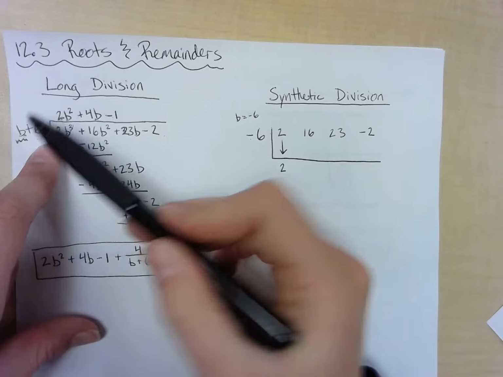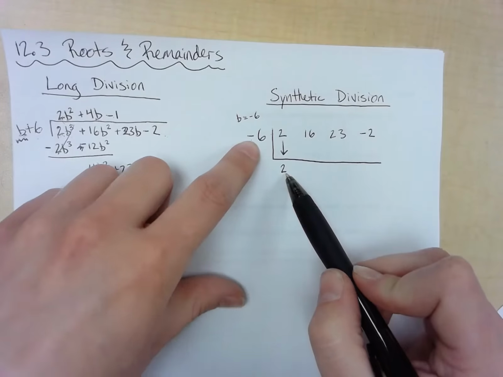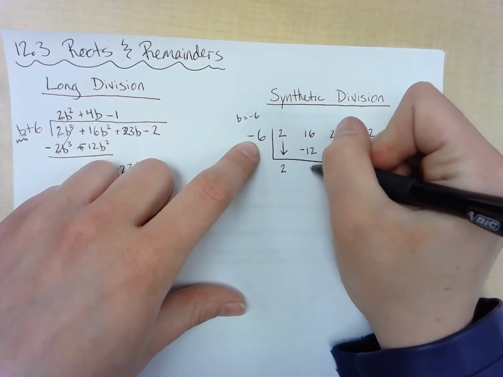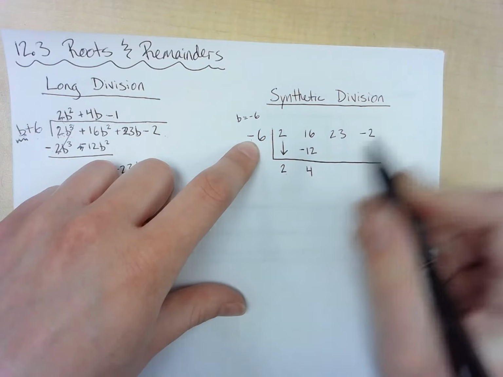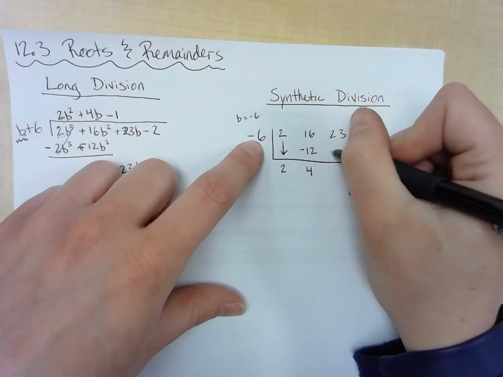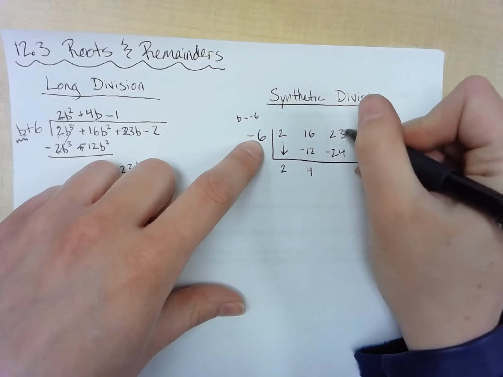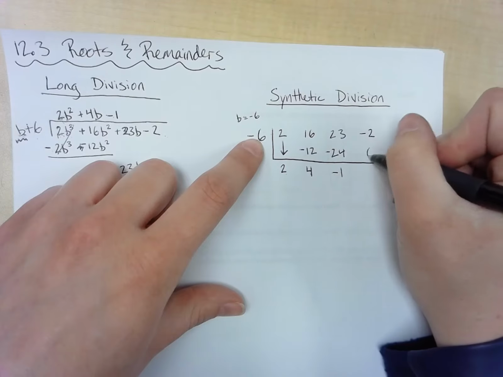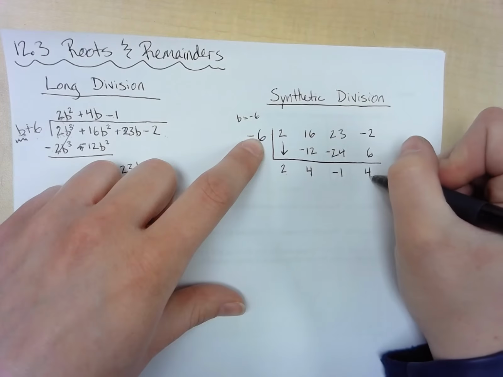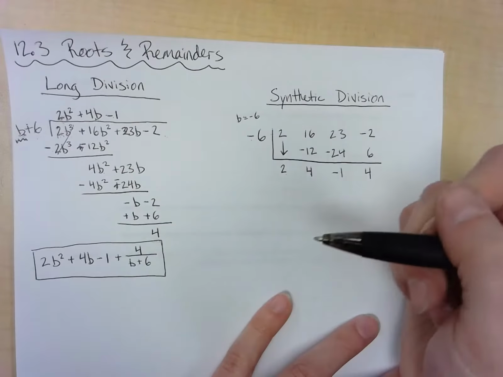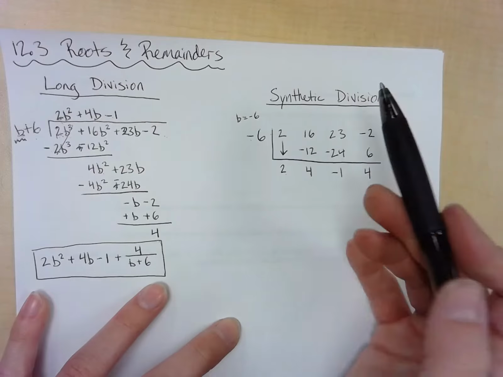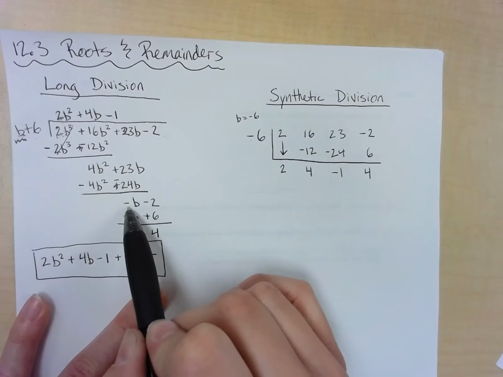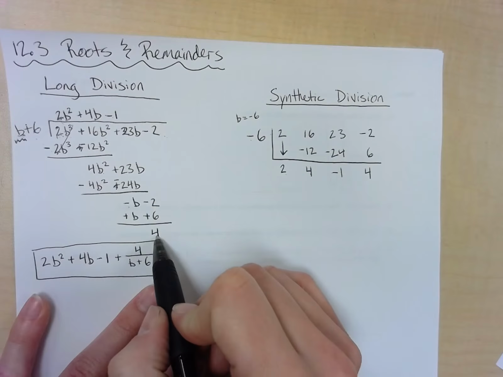But I still need to distribute, so I'm going to go 2 times negative 6, which is negative 12. And I'm going to add those together, and I get 4. 4 times negative 6 is negative 24. Add negative 1. Negative 1 times negative 6 is positive 6. And I get 4. Well, if you look at where did these show up? Here's the 2. Here's the 4. Here's the negative 1. Here's that positive 4.